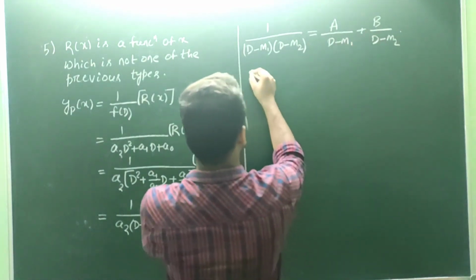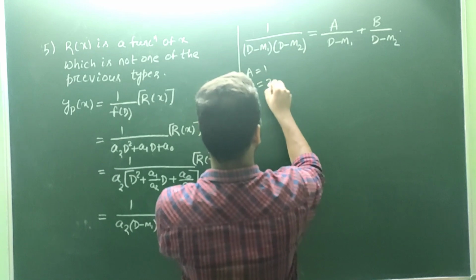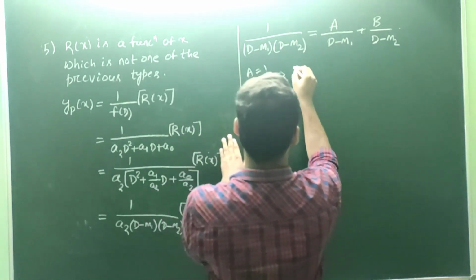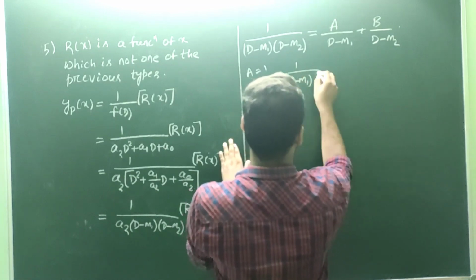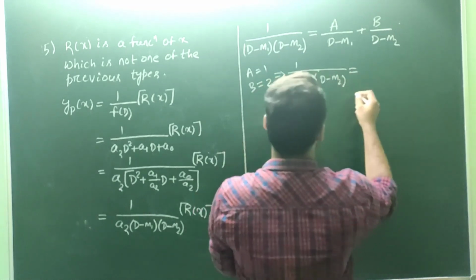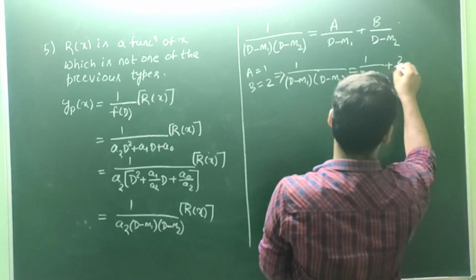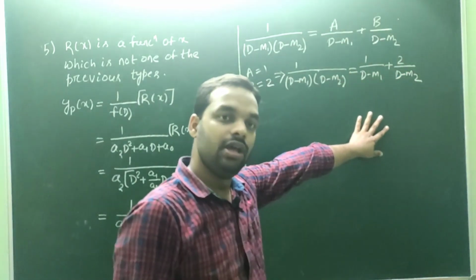Just for example, I am taking A equal to 1, B equal to 2. So after putting this, 1 by (D minus m1)(D minus m2) will be equal to 1 by (D minus m1) plus 2 by (D minus m2). You will find this, right?